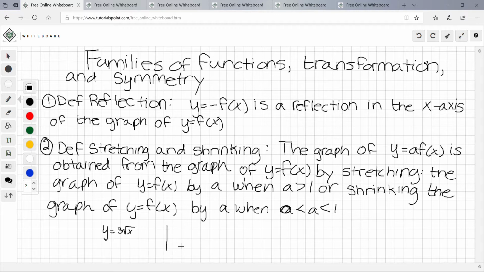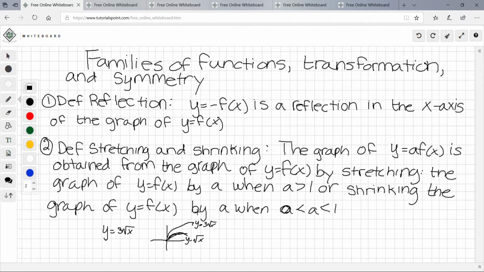So pretend this is the graph of y equals square root of x. This is what a typical square root of x looks like. But when this graph is being stretched by 3, that's what it means to be stretched.